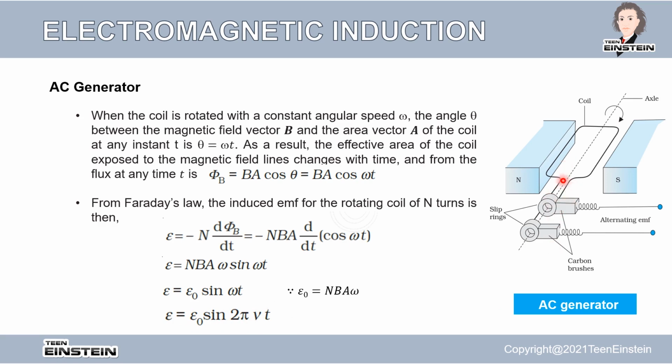If you constantly rotate this with an angular speed of omega, then you get an EMF which is a sine wave, epsilon 0 sin omega t. Epsilon 0 is the amplitude of the sine wave. So the EMF induced is basically alternating. It's like a wave. You don't get a constant EMF, but you get epsilon equal to epsilon 0 sin omega t.